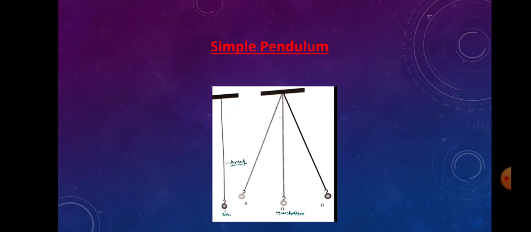Okay, so the invention of Galileo was the simple pendulum. The famous scientist Galileo Galilei, who was born in 1564 and died in 1642, found that a pendulum of a given length always takes the same time to complete one oscillation.